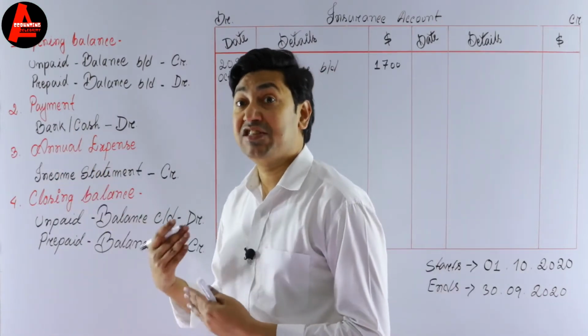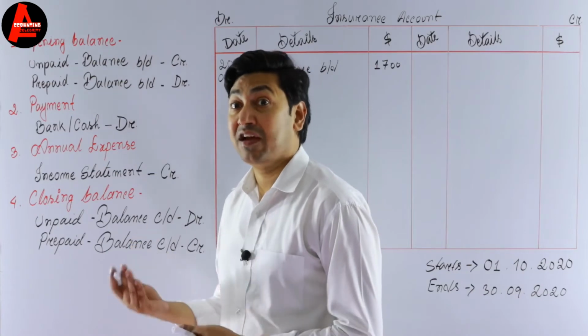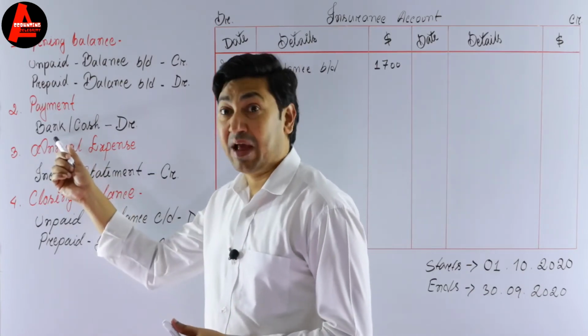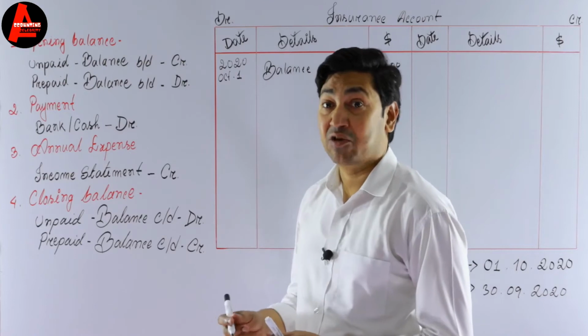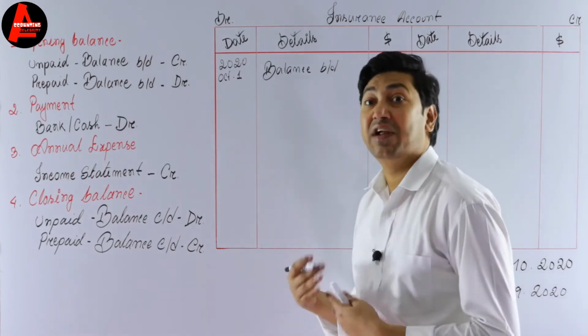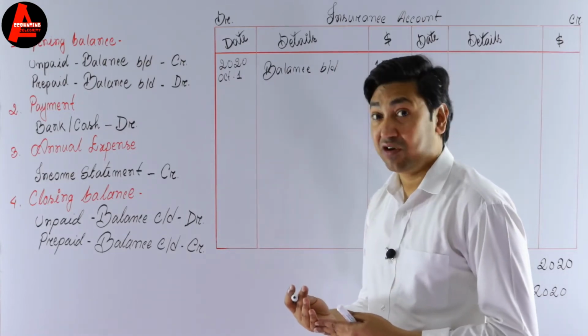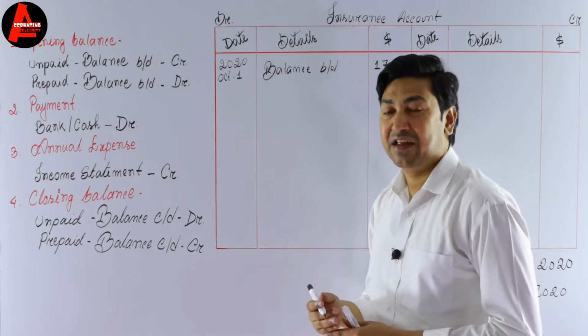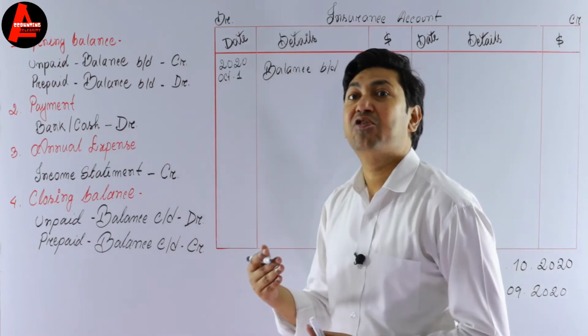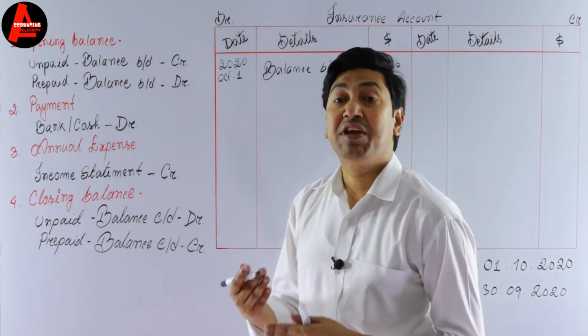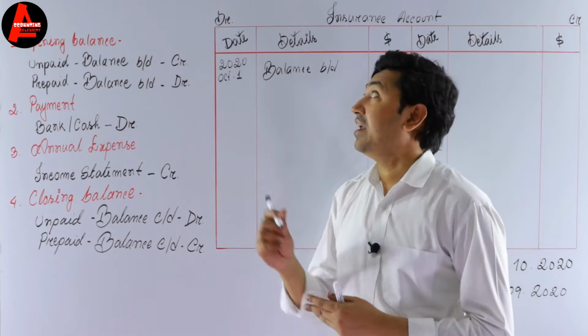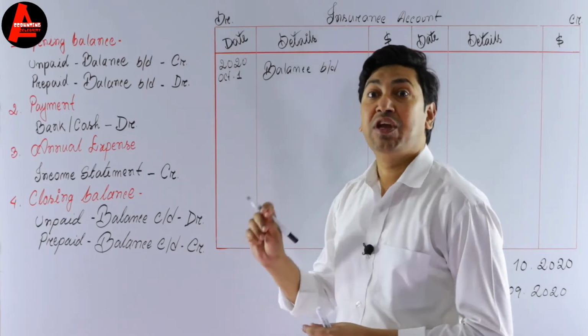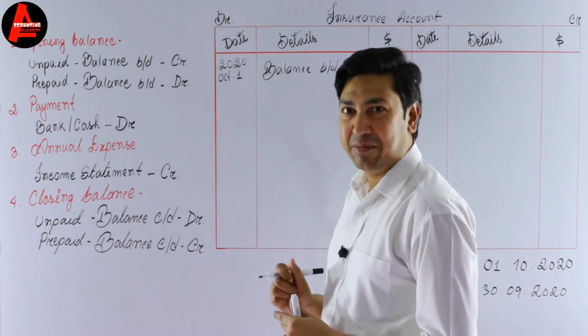If it is made by check or by bank transfer, we need to write bank on the debit side. Why on the debit side? What is the double entry for this transaction? Here the insurance account is to be debited, the bank account to be credited. We are doing the insurance account and it is debited, so we will write on the debit side.